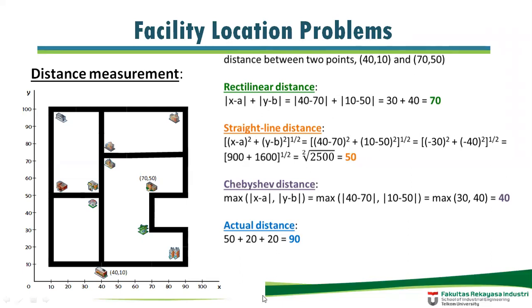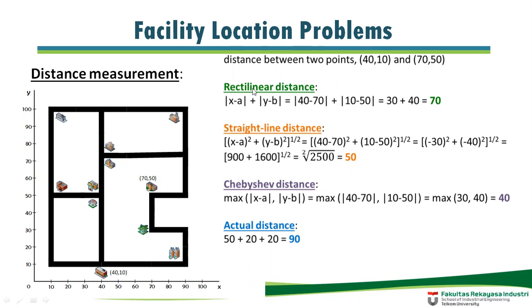Let's say I have this kind of layout in the factory, and I want to measure the distance from this side to that side, which has the coordinate 40 and 10, and the destination is 70, 50. So this is the coordinate which represents x and y: 40, 10, and 70, 50.